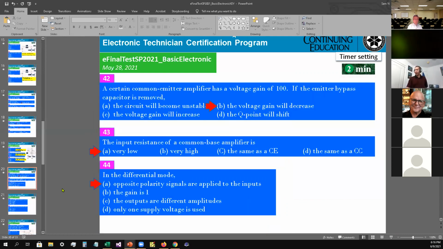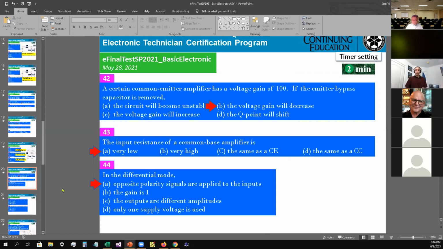All right, 42. A certain common emitter amplifier has a voltage gain of 100. If the emitter bypass capacitor is removed, what happens? Okay.